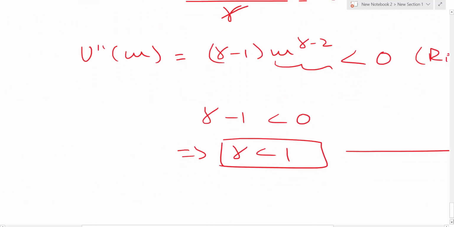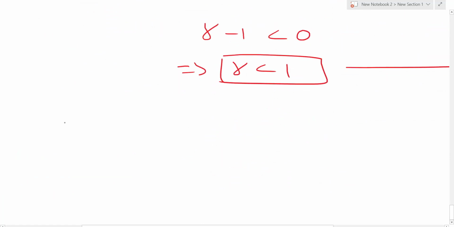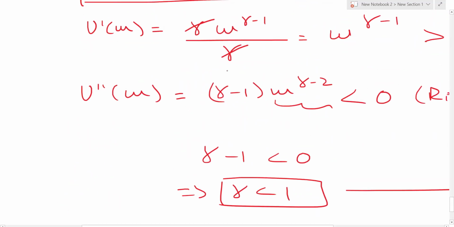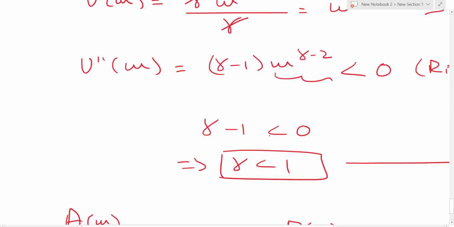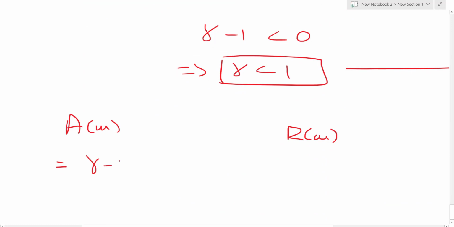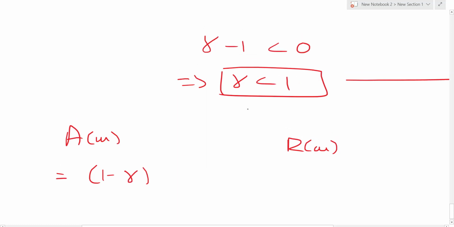Now we'll check the measures of risk aversion, which are absolute risk aversion and relative risk aversion. So for absolute risk aversion, what is it? Second derivative divided by the first derivative, and the negative of it. So it would just become gamma minus 1, and if I take the negative, it would become 1 minus gamma. I'm writing it directly.